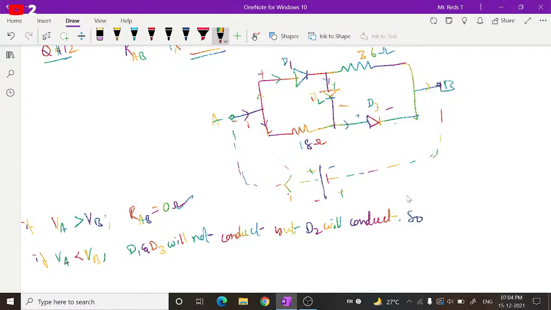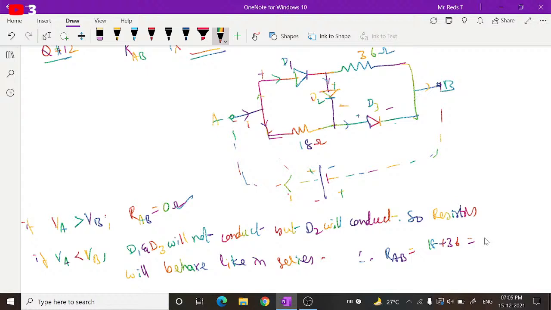So the resistors act as connected in series, like in series combination. Therefore, effective resistance RAB is equal to 18 plus 36, which is 54 ohm. Okay, that's it. So when VA is less than VB, it will be 54.